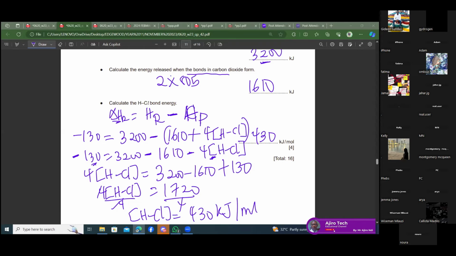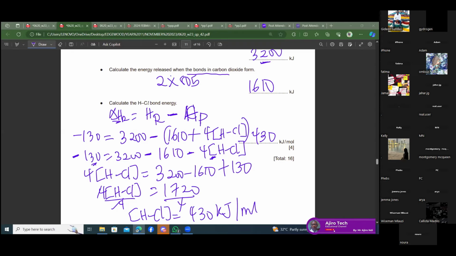Expect questions on polymers and organic chemistry. Expect questions on reaction conditions for either the contact process, Haber process, hydrogenation, hydration, fermentation, esterification, or combustion. It could be any of the reactions.